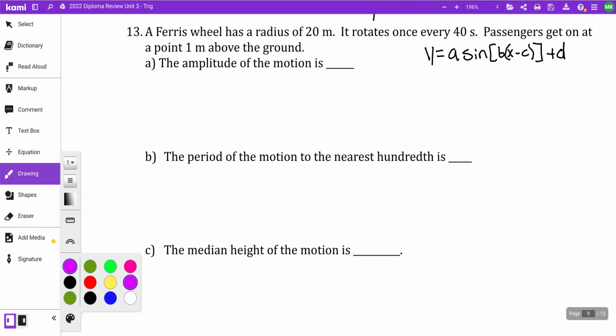Okay, what this looks like to us: we have a Ferris wheel with a radius of 20. It rotates once every 40 seconds. Passengers get on at a point 1 meter above the ground. Perfect. Let's start with our A value. A value is your amplitude. That is the distance from the middle to max or min.